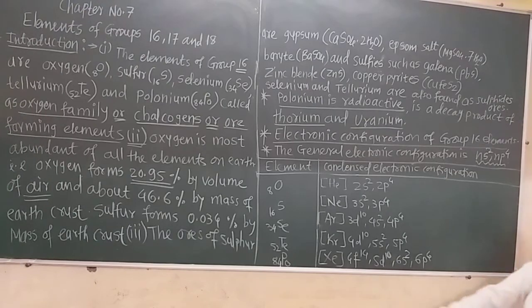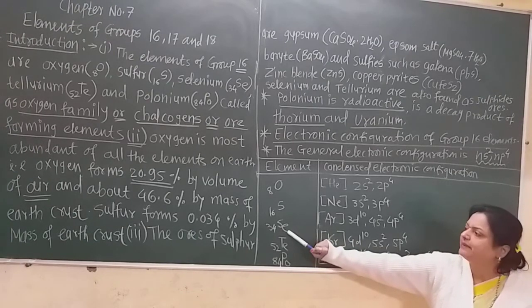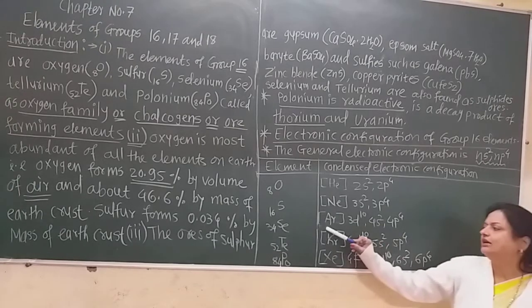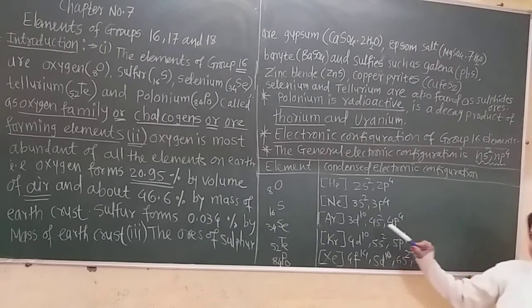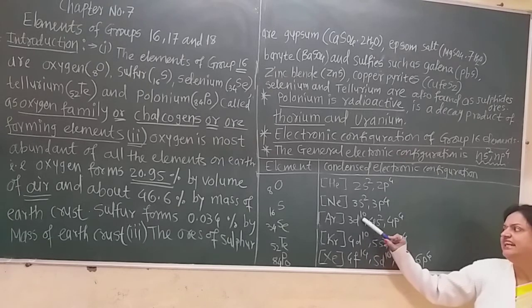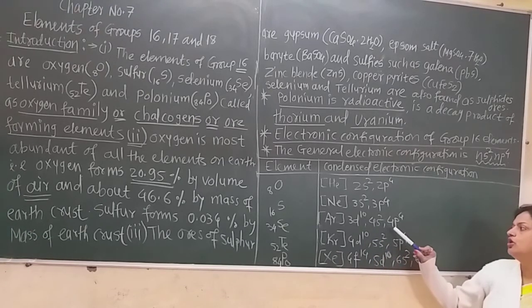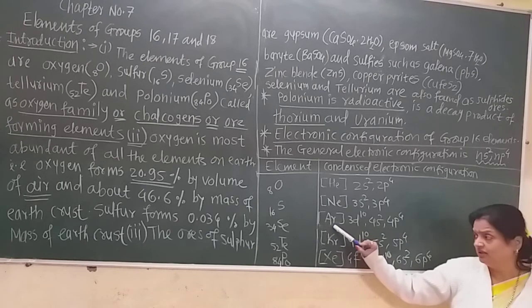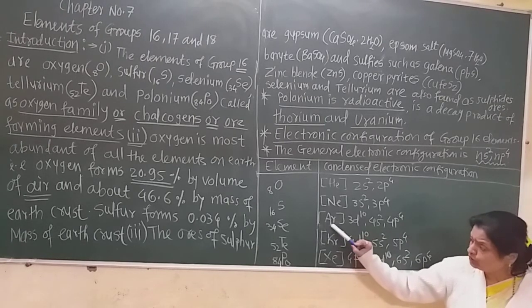Now selenium, the third element of this family, having atomic number 34, has the condensed electronic configuration [Ar] 3d10 4s2 4p4. We know that argon has atomic number 18, so 18 electrons are up to this.